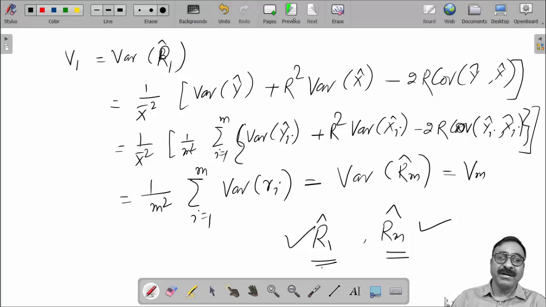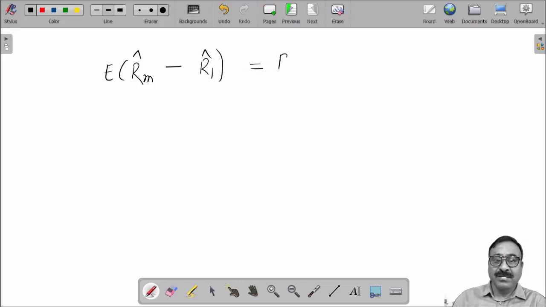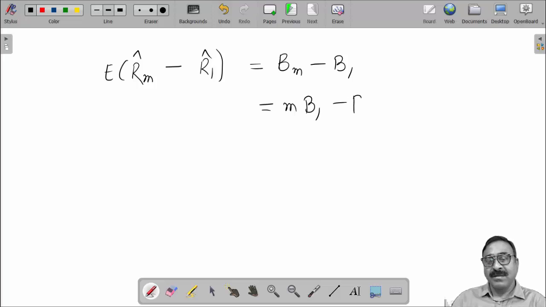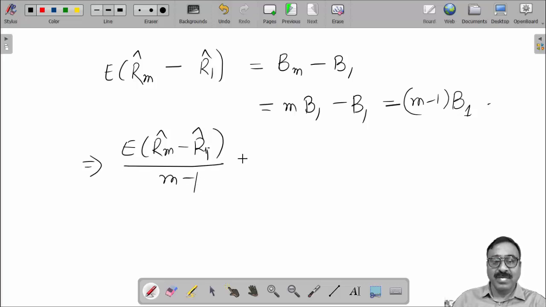Now we can find expectation of Rm bar minus R1 cap, that is equal to Bm minus B1, that is equal to m B1 minus B1. So this will be m minus 1 into B1. That implies expectation of Rm bar minus R1 cap by m minus 1 is equal to B1.